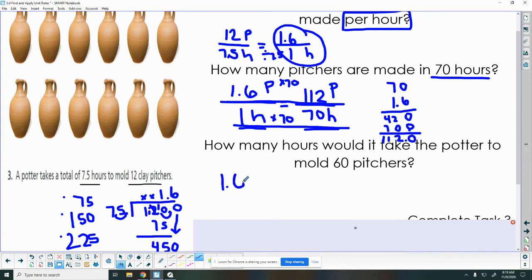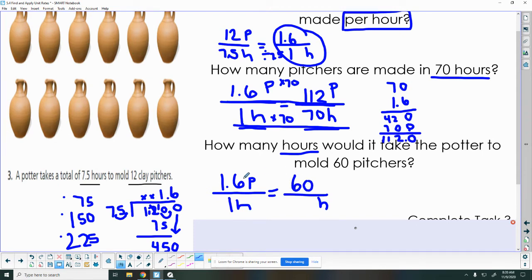So I know it takes 1.6 pictures for every hour. And this time I'm looking for my hours. So I don't know how many hours, X amount of hours, and we need to get to 60 here.